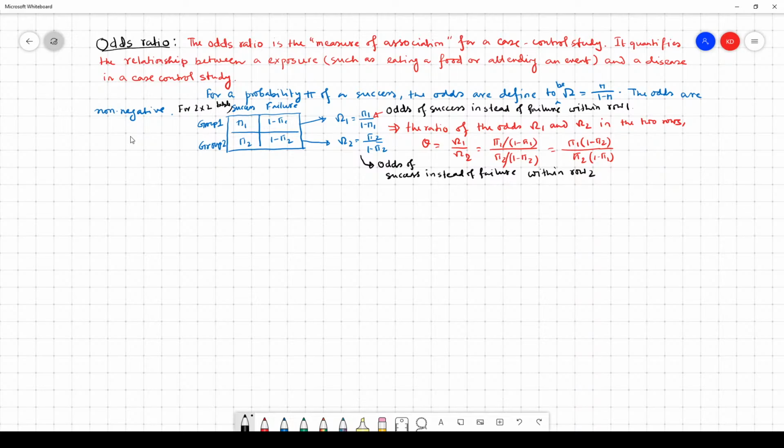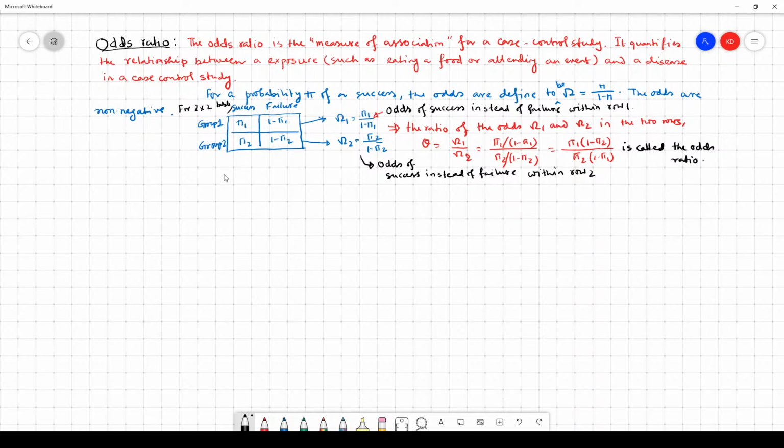Therefore, the odds ratio denoted by theta is equal to omega 1 by omega 2. This is equal to pi 1 into 1 minus pi 2 by pi 2 into 1 minus pi 1. So this is called the odds ratio.